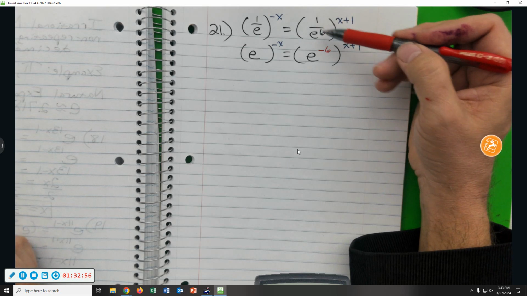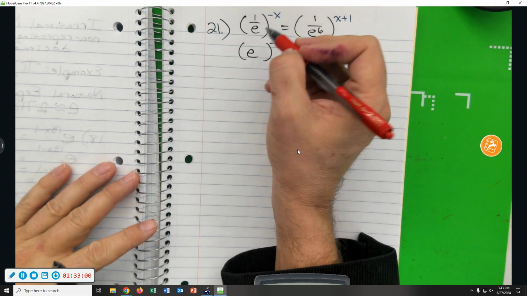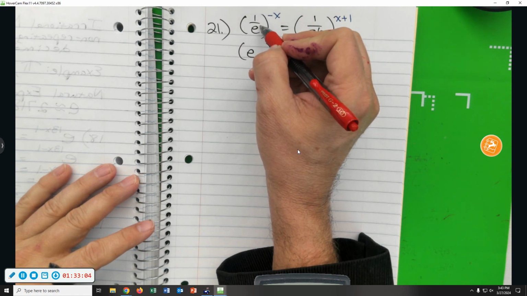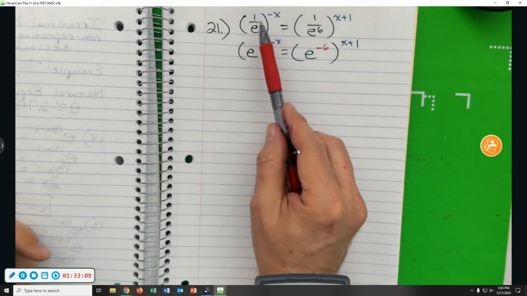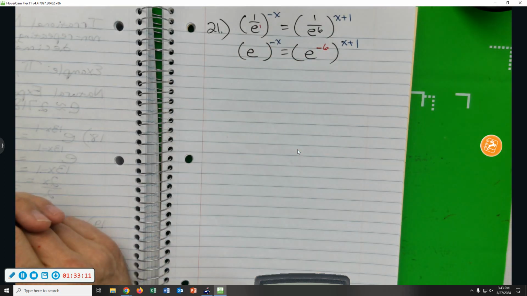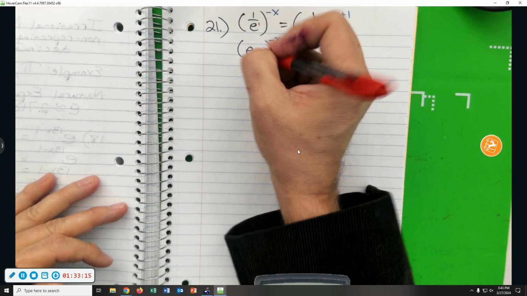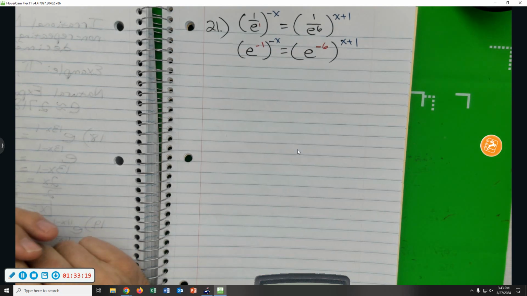We drop the 1 over, make the exponent a negative number. Hey, I don't see an exponent here on this 1. So what do we assume is sitting right here? A 1. So we're going to drop the 1 over. What exponent are we going to have here? A negative 1. Good. Y'all follow my logic there.